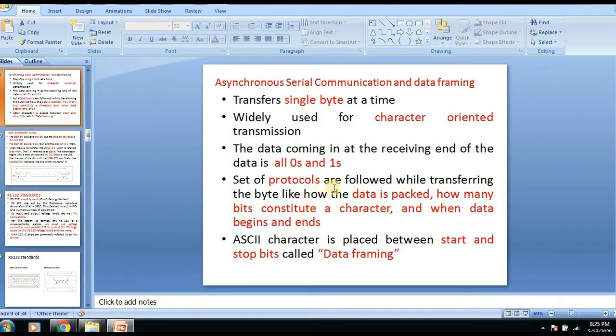This is the critical part in asynchronous serial communication, right? As we know now, it is best suited for character oriented transmission. So we need to see the ASCII character, which is usually placed between the start and stop bits, and that is called data framing.